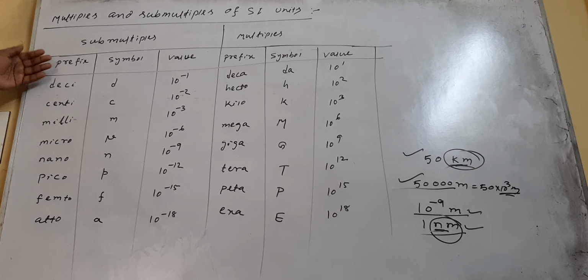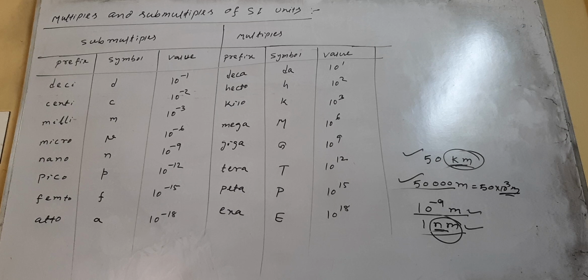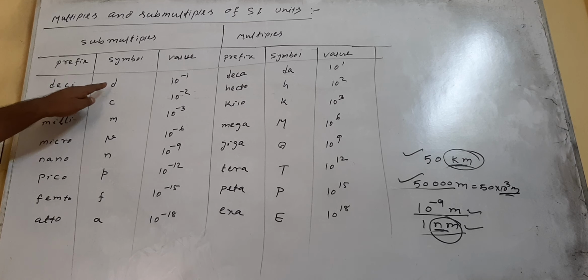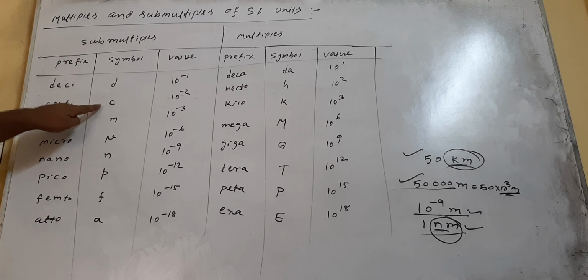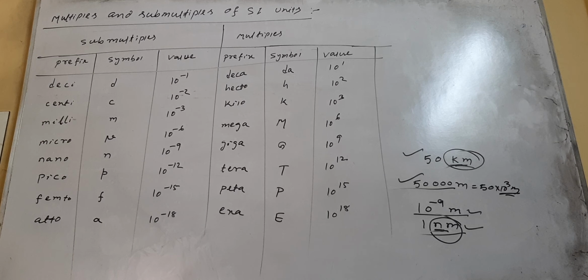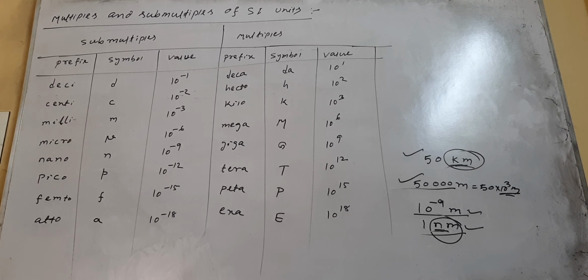First come to submultiples: prefix, symbol, then value. First one is deci, symbol is small d, value is 10 to the power minus 1. Centi, small c, value is 10 to the power minus 2. Milli, small m, value is 10 to the power minus 3.